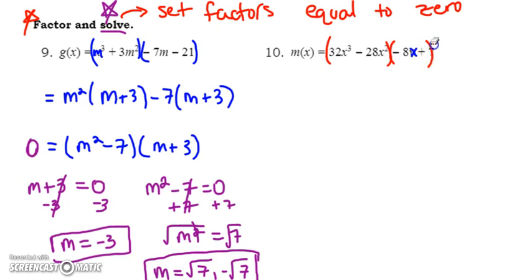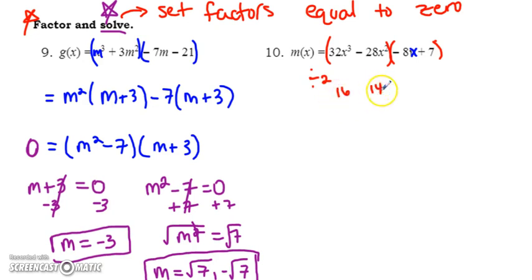Oh shoot, I covered up the 7. Whoops. Into two groups. Oh, those are some big numbers. So suppose I try to divide these by 2, let's say. Divide by 2. 32 divided by 2 is 16. 28 divided by 2 is 14.